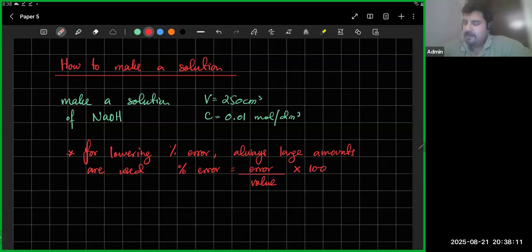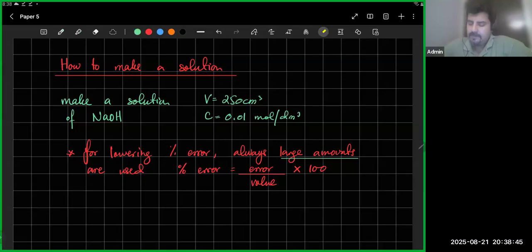You can't really improve the error much. I mean, you can use a burette, you can have accurate devices, but if the quantity that you're trying to measure is as big as possible, the percentage error would automatically decrease, because the denominator increases. So you always make solutions in larger amounts first.